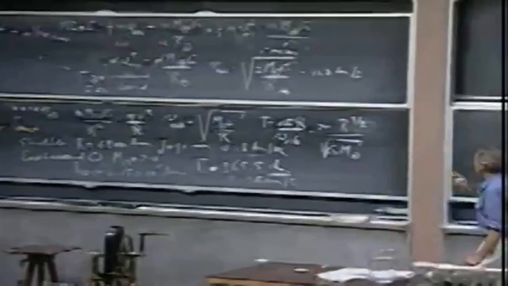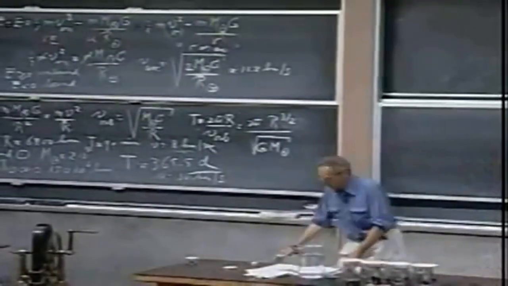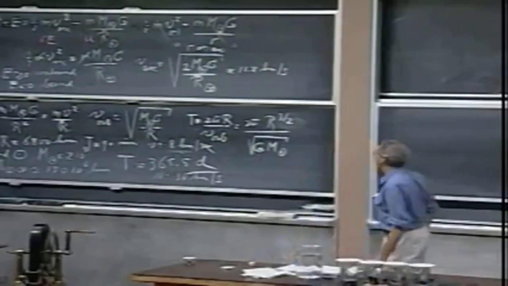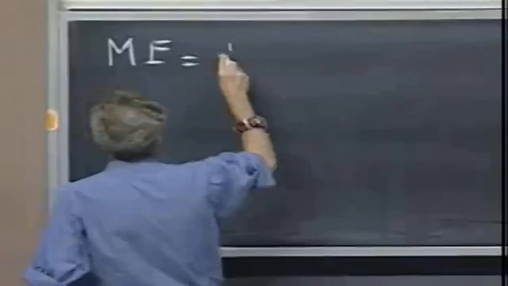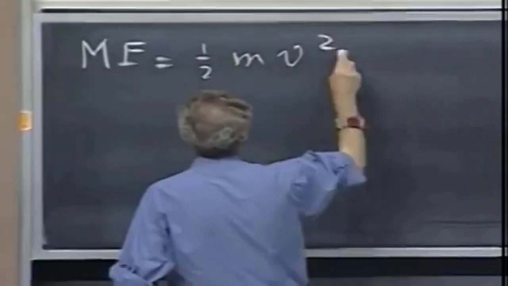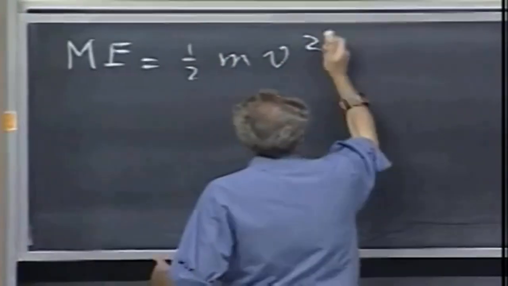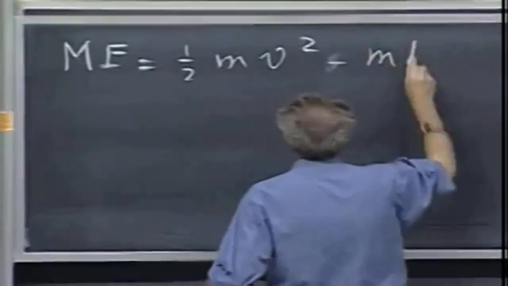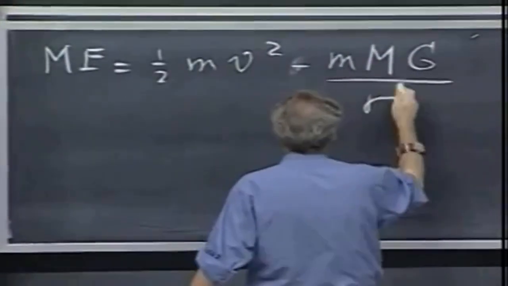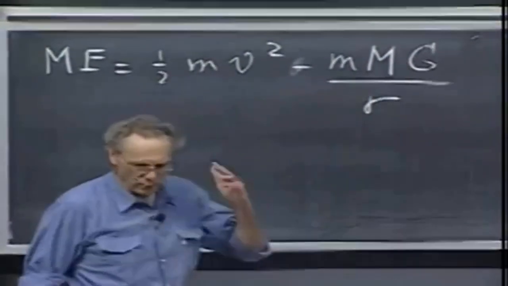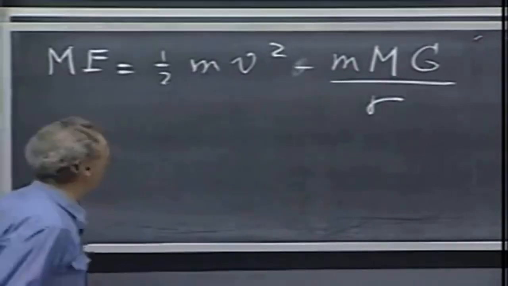There is something remarkable about these numbers. The total mechanical energy, and I will write that once more here, is 1/2 m v squared at a given radius minus little m, capital M, G over r. Whether M is the mass of the Sun or the Earth is of no concern to me now.